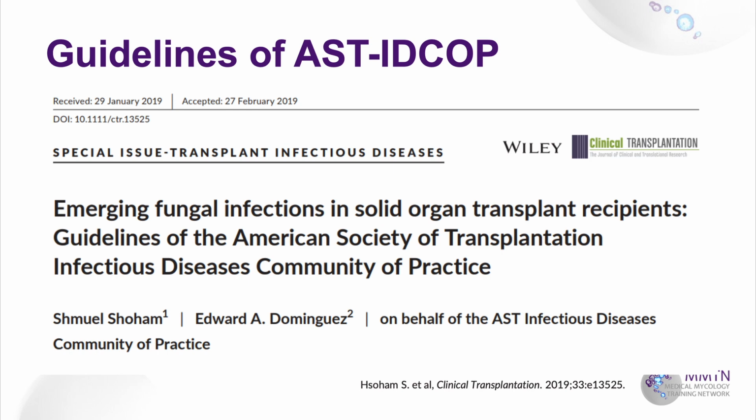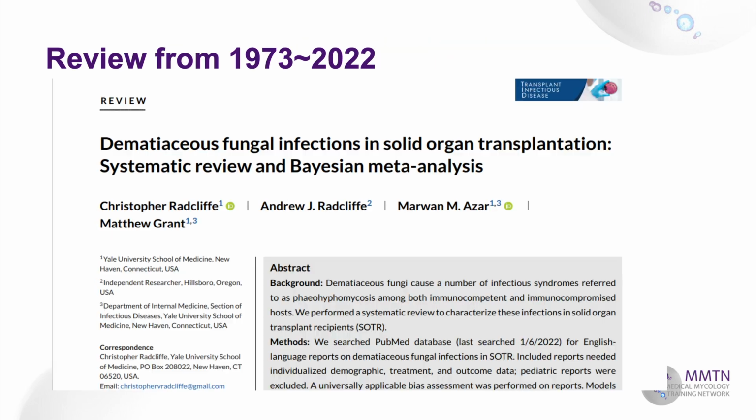There is a guideline of the American Society of Transplantation, IDCOP, showing the emerging fungal infections in SOT recipients. These guidelines show some important recommendations on how to manage this group of patients.